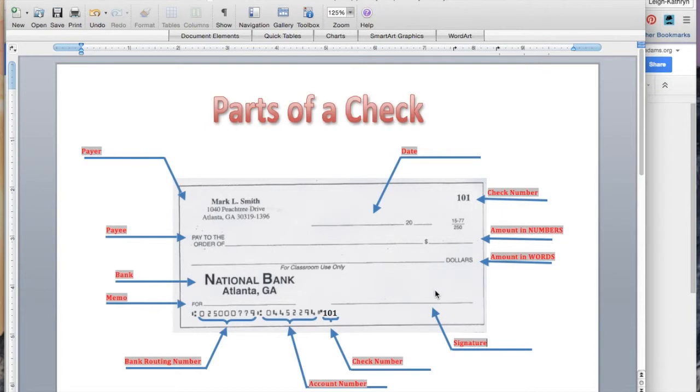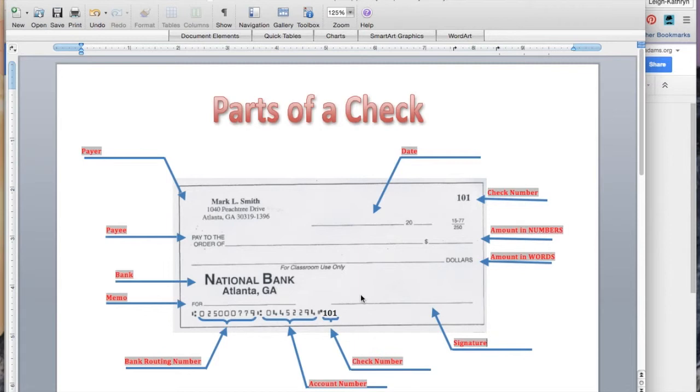If this signature does not match that authorization signature, they may not honor the check. They may not cash it when the payee takes it to put in their account. Or they'll pay it and then they'll charge Mark extra money. Banks do some weird things sometimes.